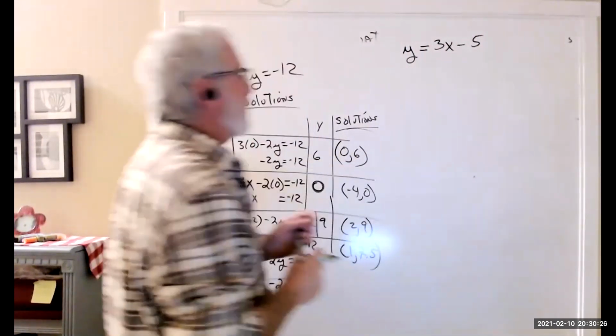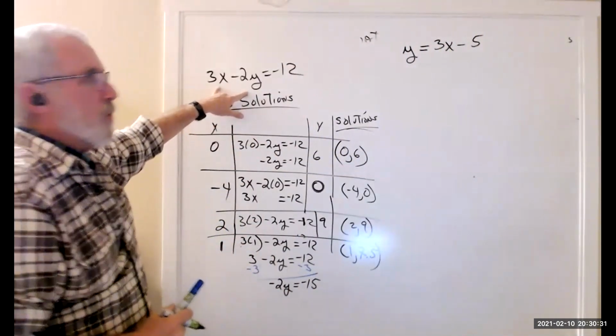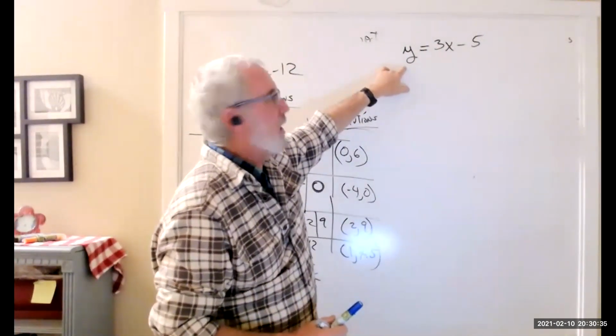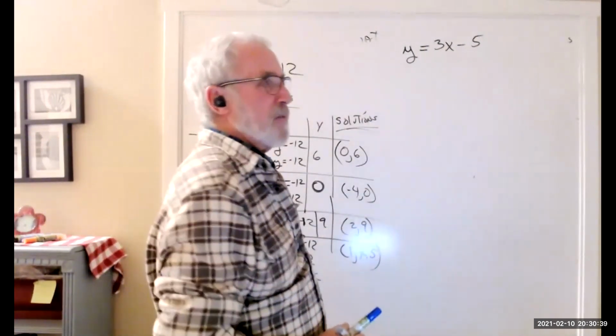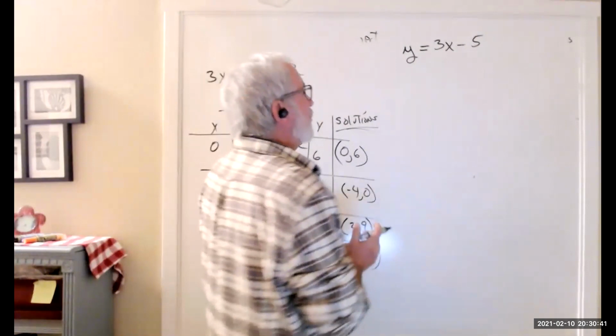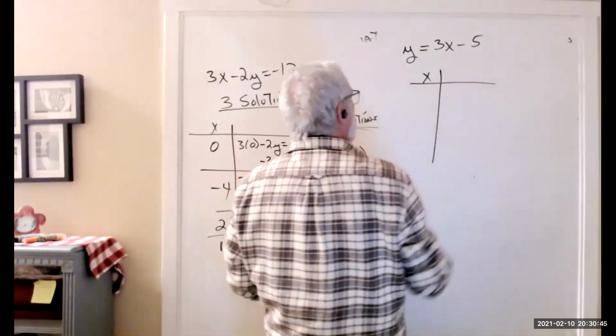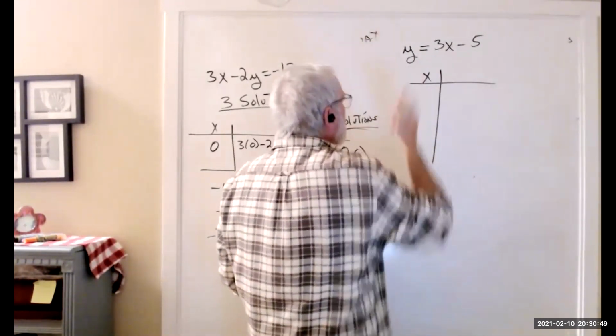So instead of having x and y together, we can have the y by itself. Y equals 3x minus 5. But we can still ask the same thing, okay? Find the solutions.